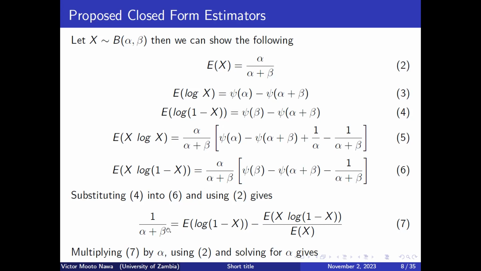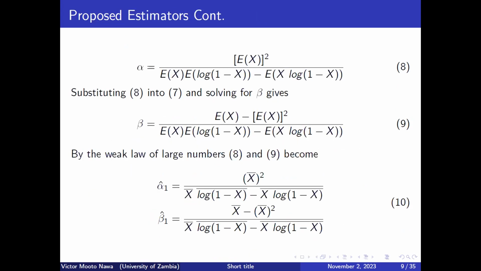It turns out that we are going to have this expression here. Then when we multiply expression 7 by alpha, we note that what we get will be an expectation of x, and alpha will be multiplying what is on the right-hand side of 7. Then we solve for alpha. When we solve for alpha, we get this expression here, 8.